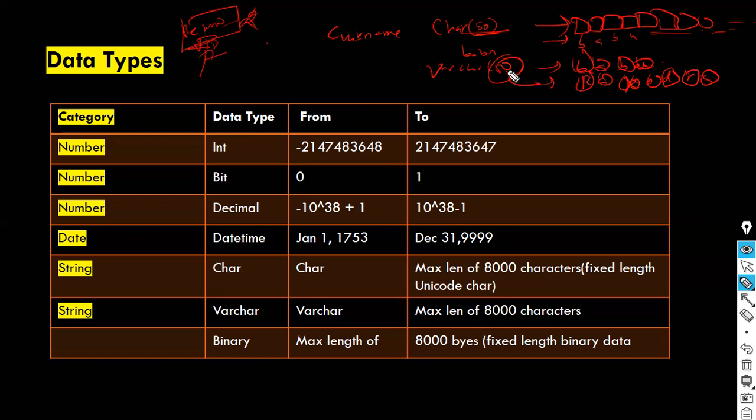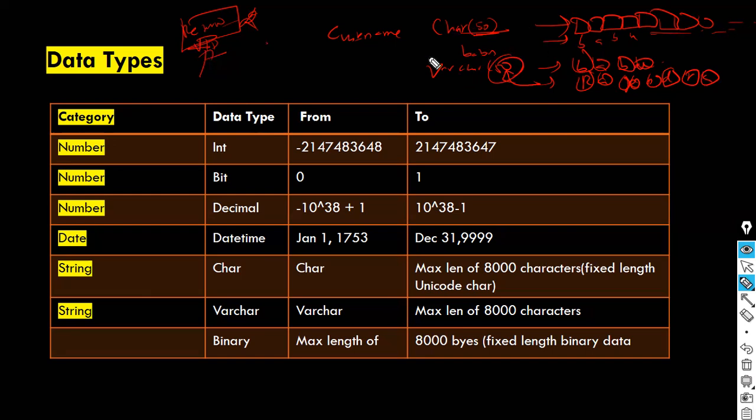Even though you specified 50, the memory is dynamically assigned irrespective of the length. Whereas here, whether the customer name is smaller or bigger, by default for each and every customer it blindly allocates 50 bytes in the memory.